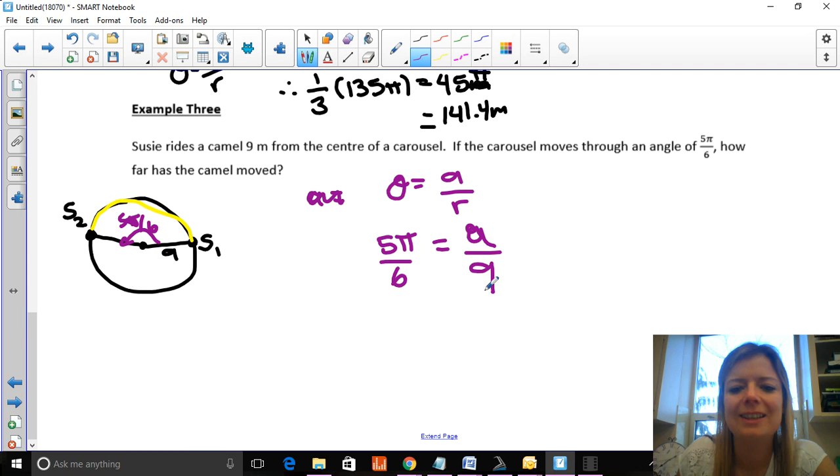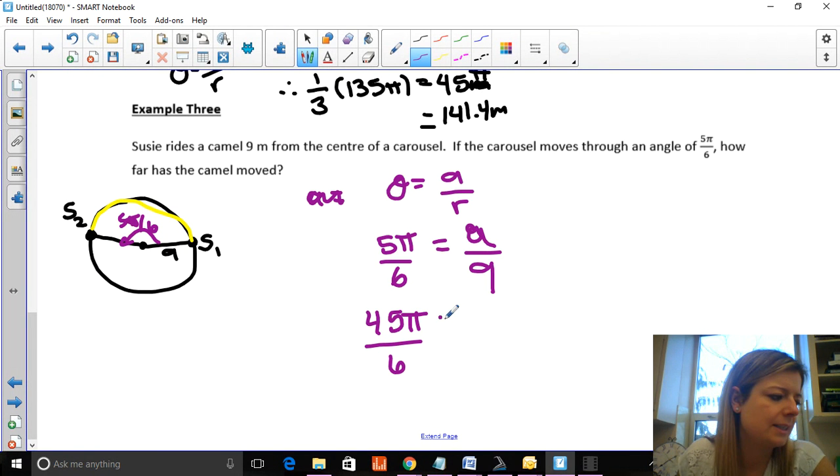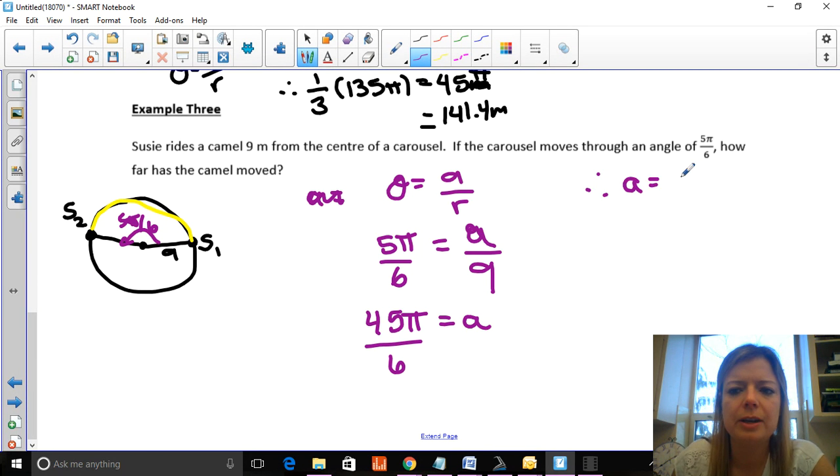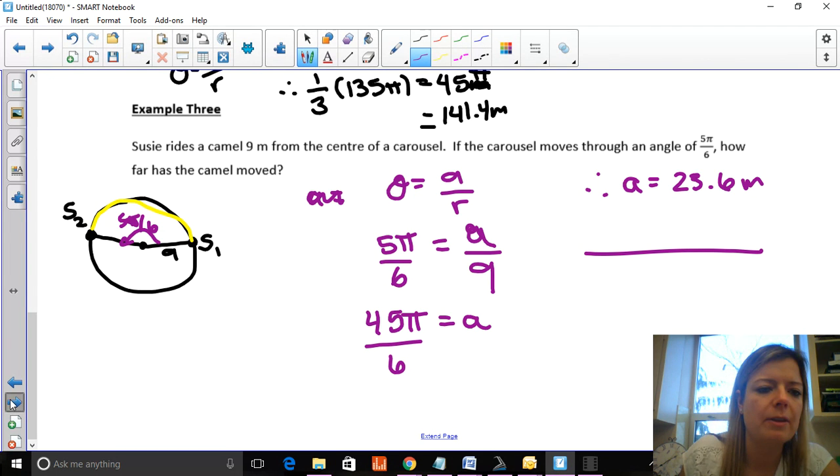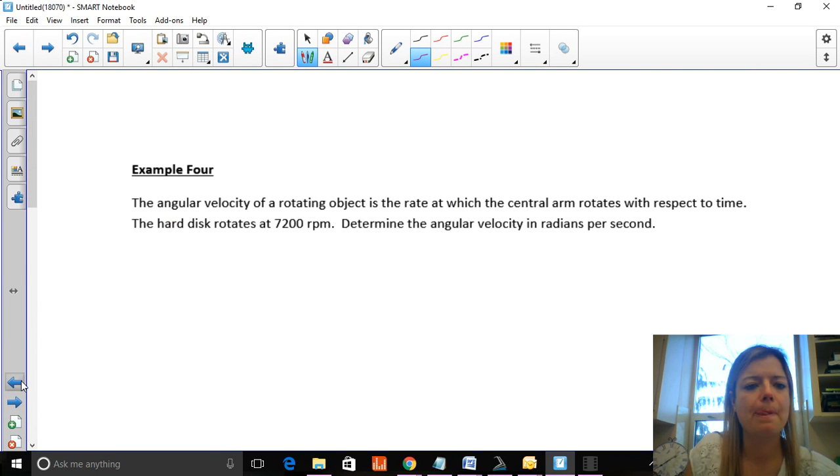You got to make sure those look different. Sorry about that, guys. So if you solve for A, you get 45 pi over 6 is equal to A. So therefore, A is equal to 23.6 meters when you put that into meters. And then you can do a sentence. All right, one last question, and then we'll wrap up.